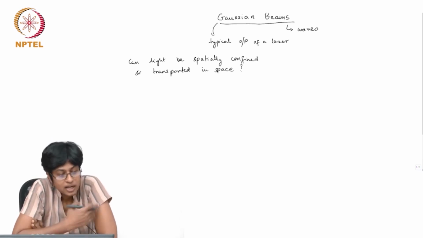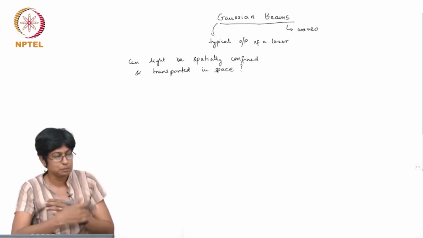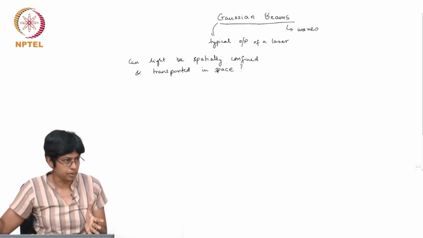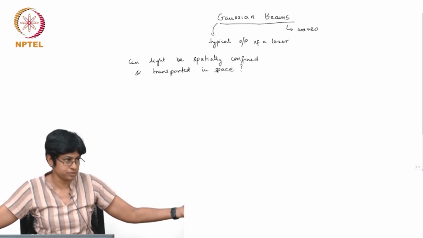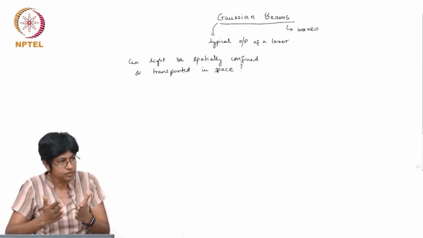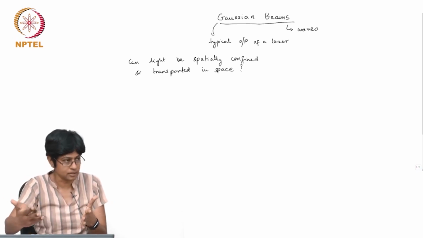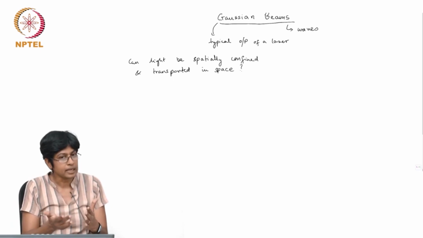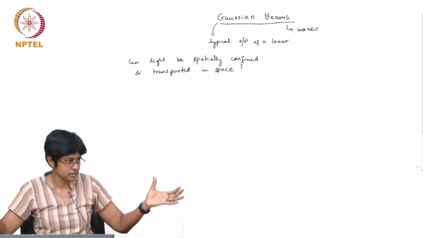To answer this, I'm going to look at the different kinds of beams that exist. What do I mean by spatially confined? That means as this beam propagates, does it spread out and occupy all of space? Transported means it's propagating. As it propagates, does it propagate with a more specific direction, or does it spread in space?